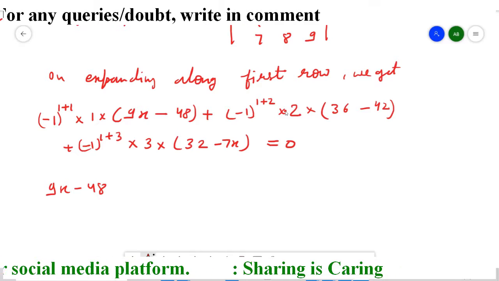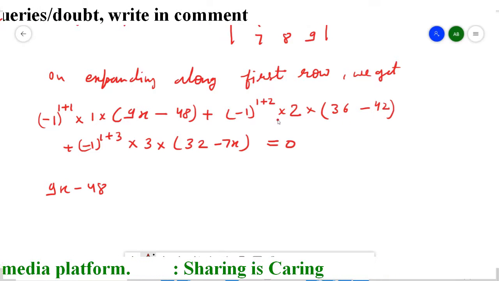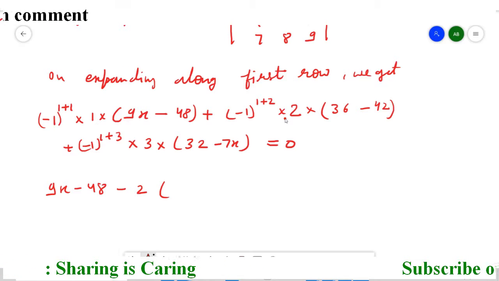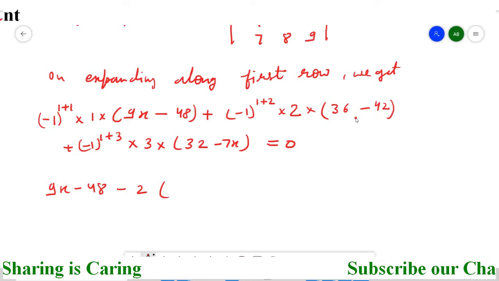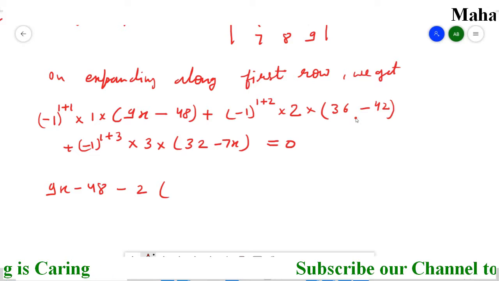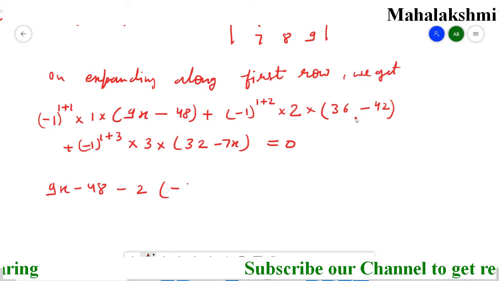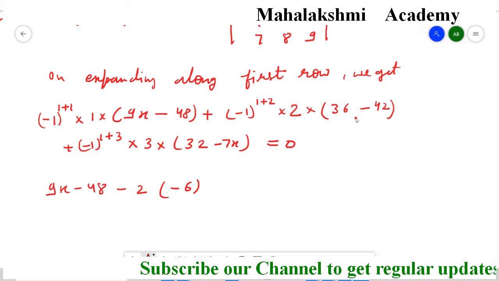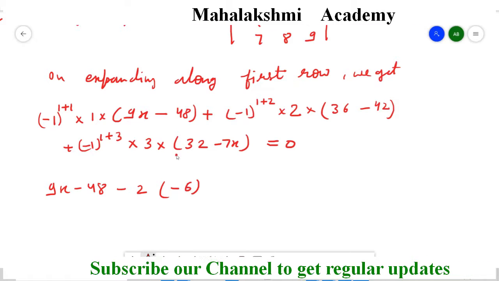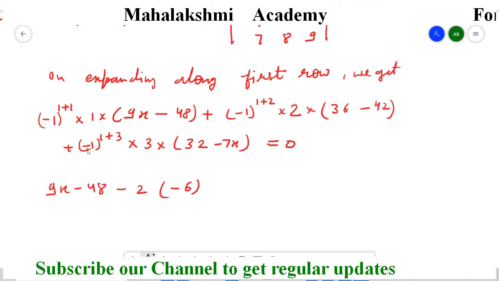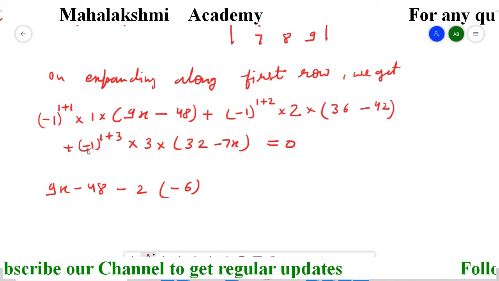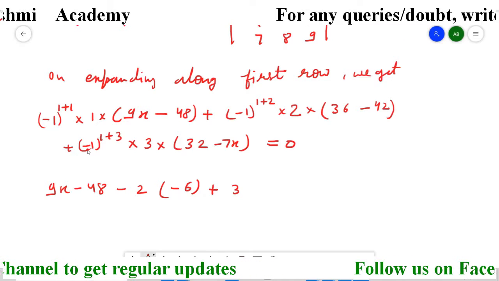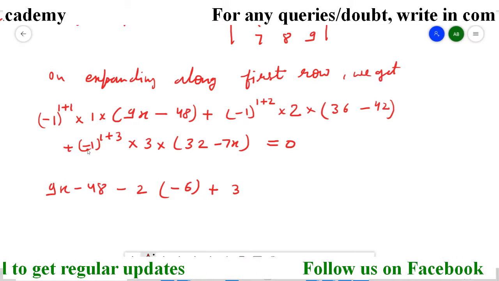So minus 2, and in the bracket we'll simplify: plus minus minus gives the sign of the bigger number, so you will get minus 6. Then here the power is even, so it's going to be positive. So you will get plus 3, and just open the bracket now.